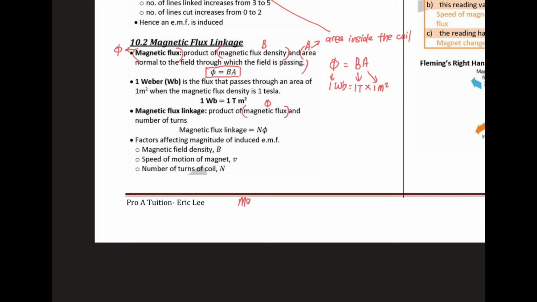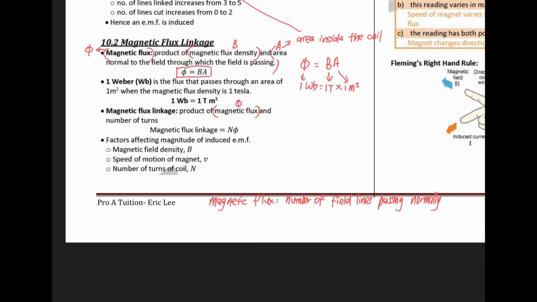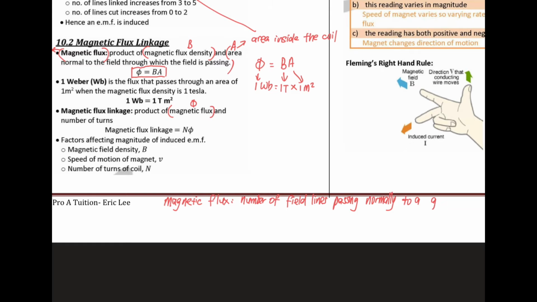The first one, magnetic flux is the number of field lines passing normally to a given area. How many lines? You need to keep changing the lines, then it induces EMF or induces current. So you need to keep changing the lines.